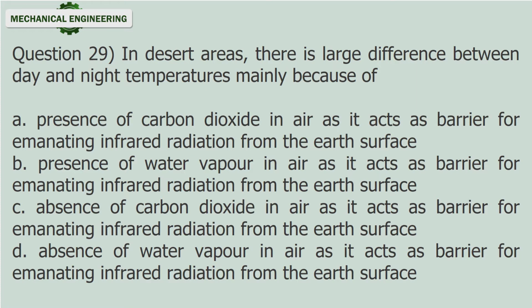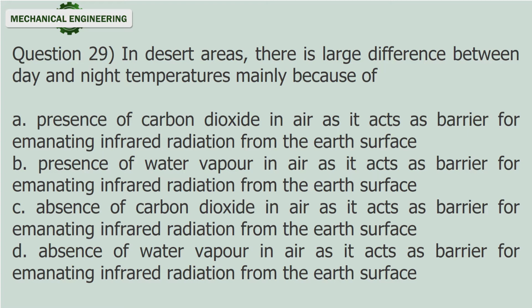Question 29. In desert areas, there is large difference between day and night temperatures mainly because of A. Presence of carbon dioxide in air as it acts as barrier for emanating infrared radiation from the Earth's surface. B. Presence of water vapor in air as it acts as barrier for emanating infrared radiation from the Earth's surface.